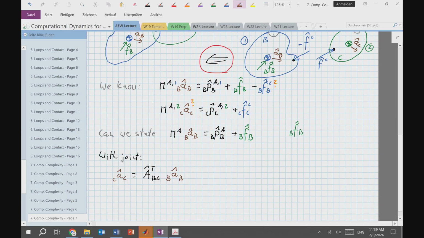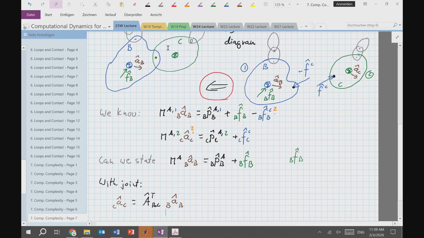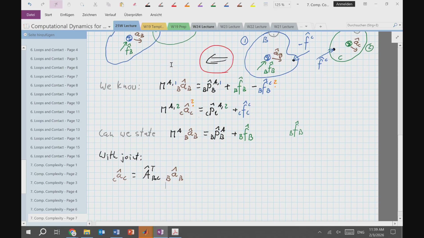If body B moves and these two bodies are connected, body C has to move as well. Plus, there is some motion that is generated which comes from the joint. And I will just state that this motion is generated through a joint Jacobian.